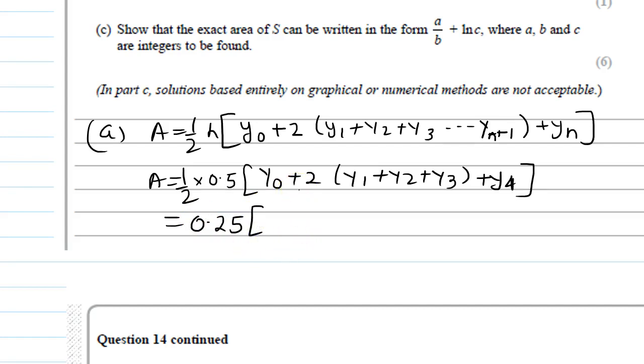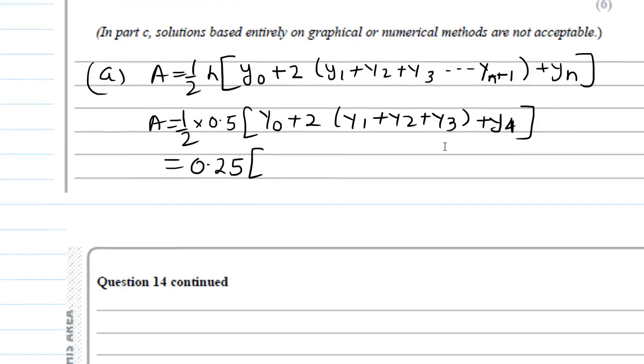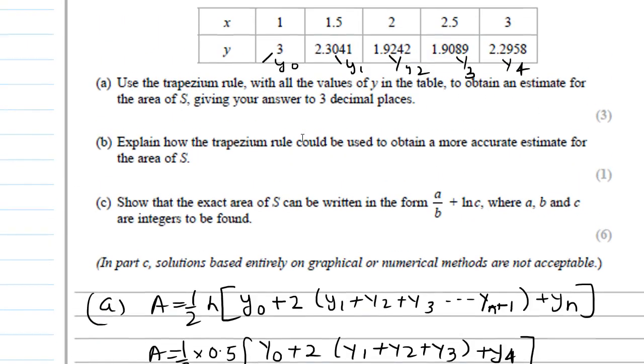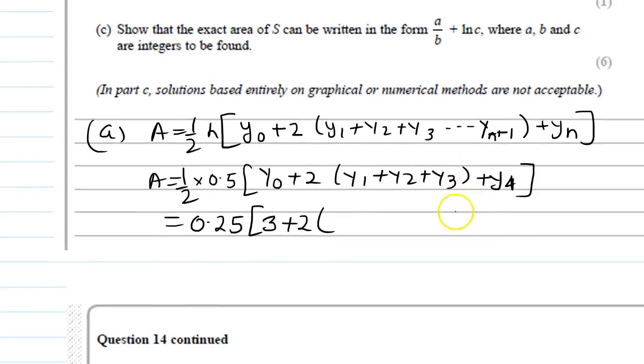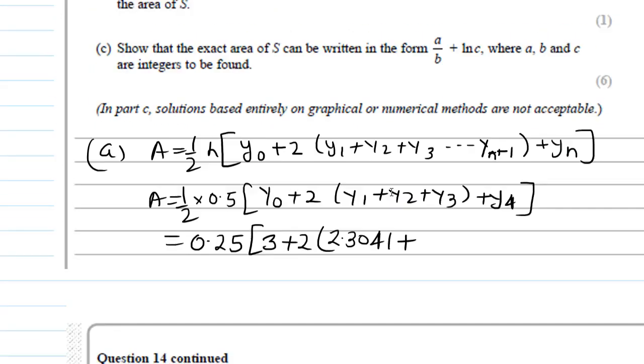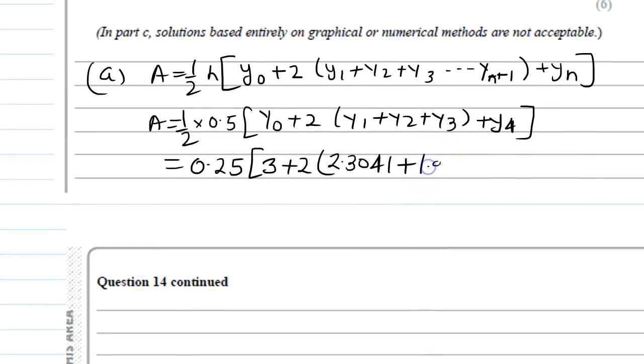Okay, let's put the values. The y0 value is 3, so 3 plus 2 times y1, which is 2.3041, plus y2, which is 1.9242, plus another value, 1.9059, and the y4 value is 2.2958, and close the bracket.